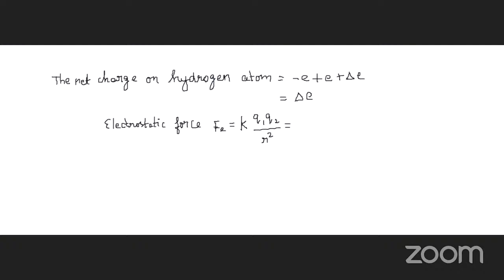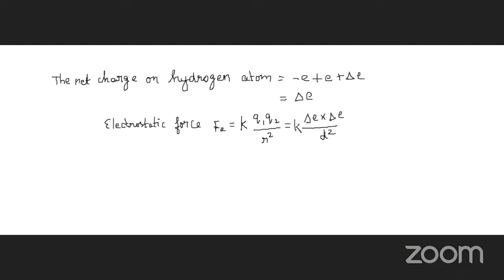In the present case, we are going to find out the electrostatic force between two hydrogen atoms. So for Q1 and Q2, we have to apply the net charge on each hydrogen atom, that will be delta E into delta E. In the question, they have mentioned the distance between the two charges is d. So this is d square, and this k I am retaining as such.